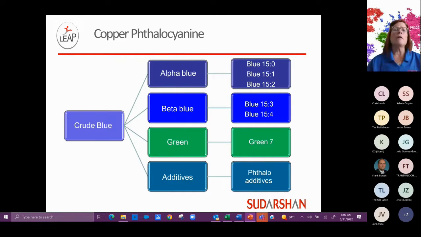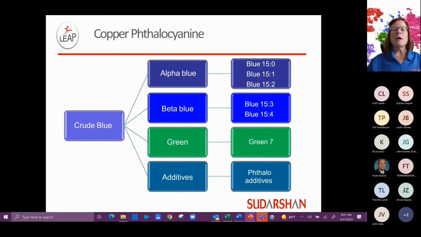All of the phthalocyanines start with crude blue, and from there, the modifications done in the synthesis part determine whether you are going to achieve the alphas, the betas, or the greens.